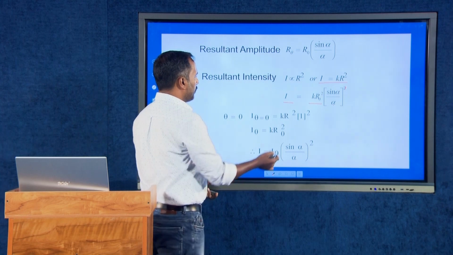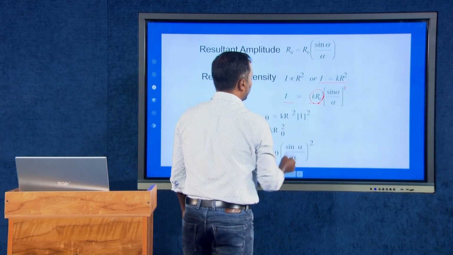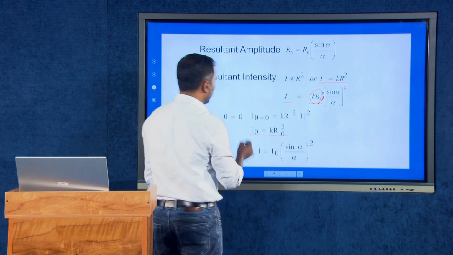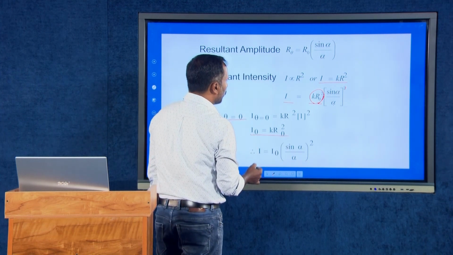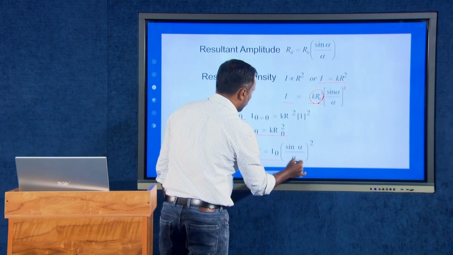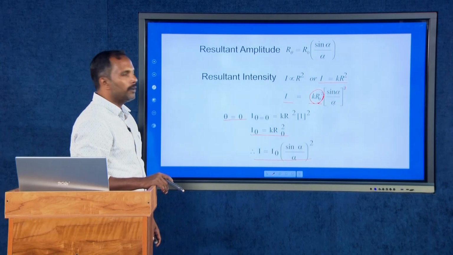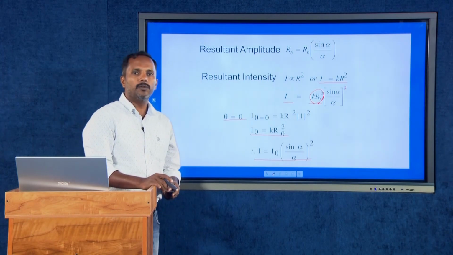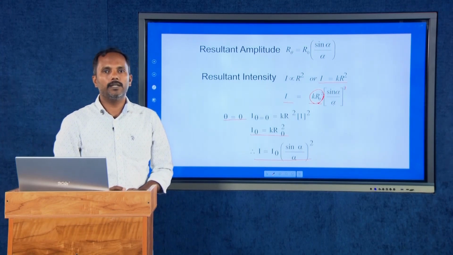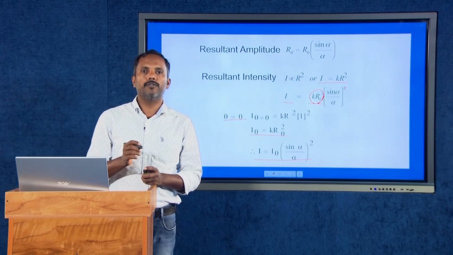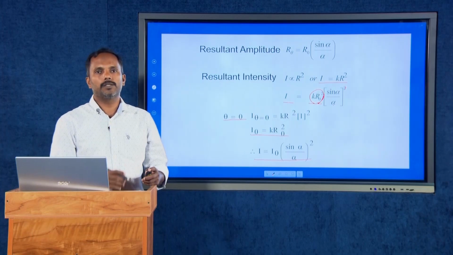Again, I am just taking k r0 square as I0 by considering theta is equal to 0. Then I will have the intensity I is equal to I0 into sin alpha divided by alpha whole square. So this is the equation for the resultant intensity due to the diffraction from the single slit.